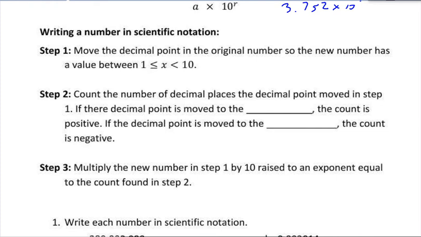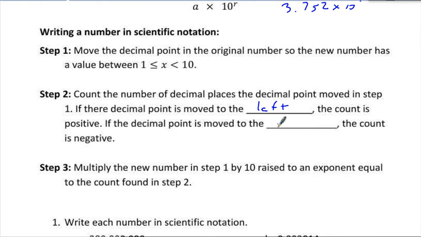There are 3 steps here to write a number in scientific notation. We move the decimal point in the original number so that the new number has a value between 1 and 10, including 1, not including 10. Then we count the number of decimal places the decimal point moved in step 1. If the decimal point is moved to the left, the count will be positive.